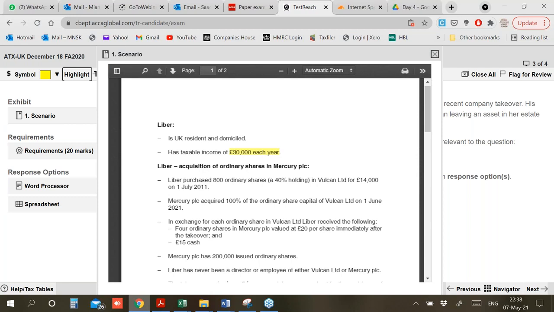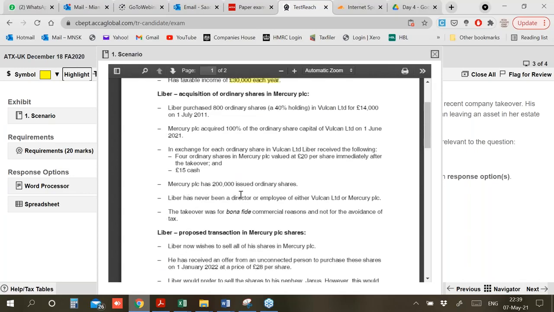In exchange for every ordinary share in V Limited, LIBOR received the following: 4 ordinary shares in MPLC valued at 20 per share after the takeover and £15 cash. So we have to determine how much cash she would have received and what will be the value of her shares because we have to create a base cost. MPLC has 200,000 issued ordinary shares. LIBOR has never been a director or employee either in V Limited or MPLC. The takeover was for bona fide commercial reasons and not for the avoidance of tax.